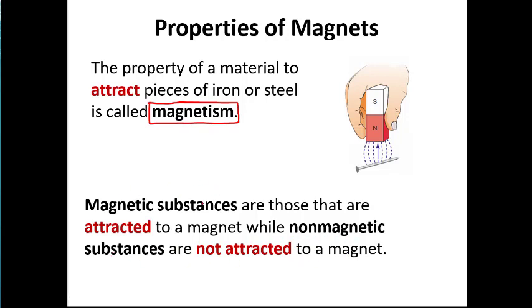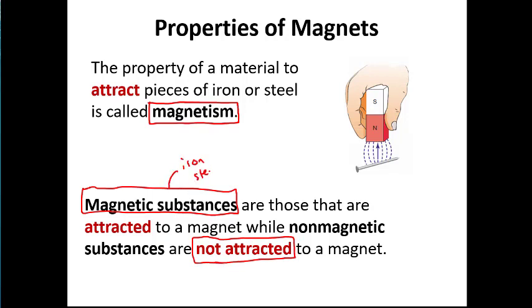So when we start classifying materials, there'll be materials that can be attracted to a magnet and also can become magnetized. And then there's other materials that no matter what we do, they're not attracted to a magnet. So things like iron, cobalt, those sorts of materials would be magnetic materials.